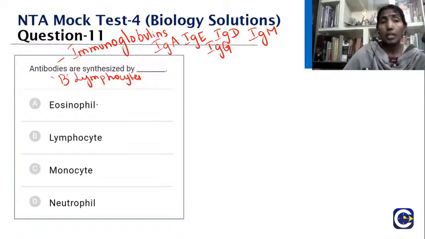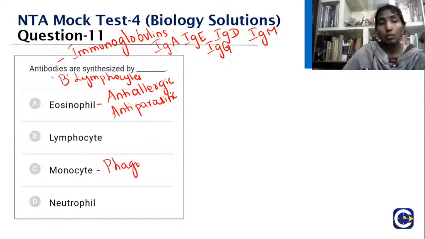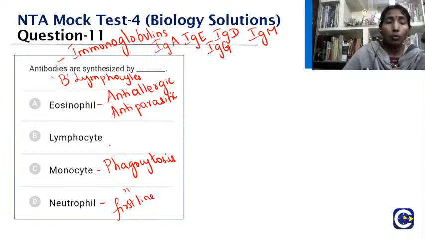It is not the eosinophil, because eosinophils have an anti-allergic and anti-parasitic effect, so their role is something different. What about monocyte? Phagocytosis. They are the second line of body defense. Even the neutrophil, the first line of defense, does phagocytosis. So what should be your answer?